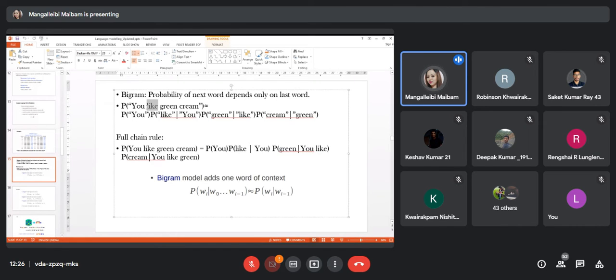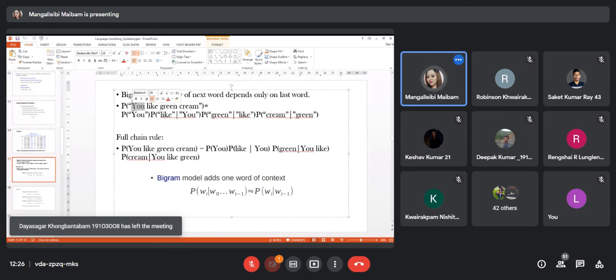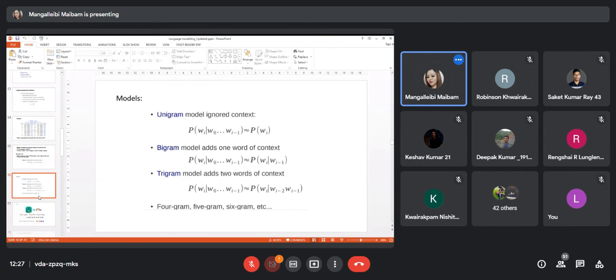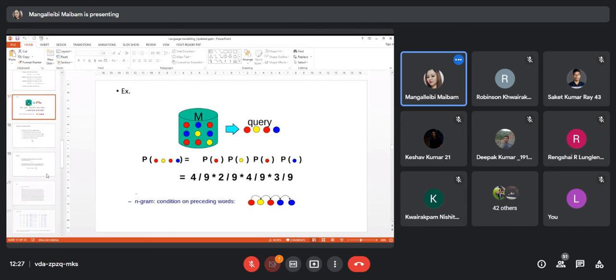Like is the current word for which we have to find the probability, which depends on the last word, our last word being you. Then the probability of green conditioned on like, and so on. That is about bigram. What I want to tell you is add-one smoothing. Add-one smoothing is important.